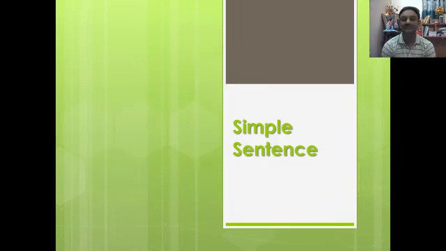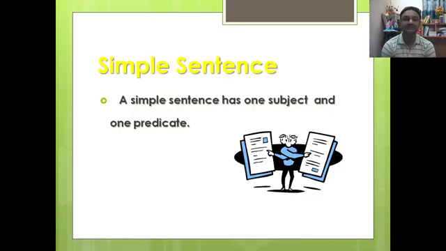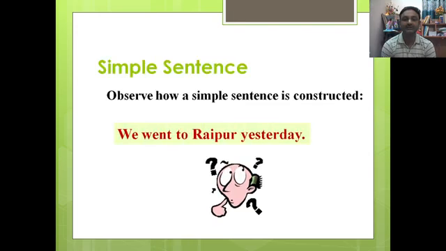A simple sentence has one subject and one predicate. So we can observe how a simple sentence is constructed. The example is given below: We went to Raipur yesterday.